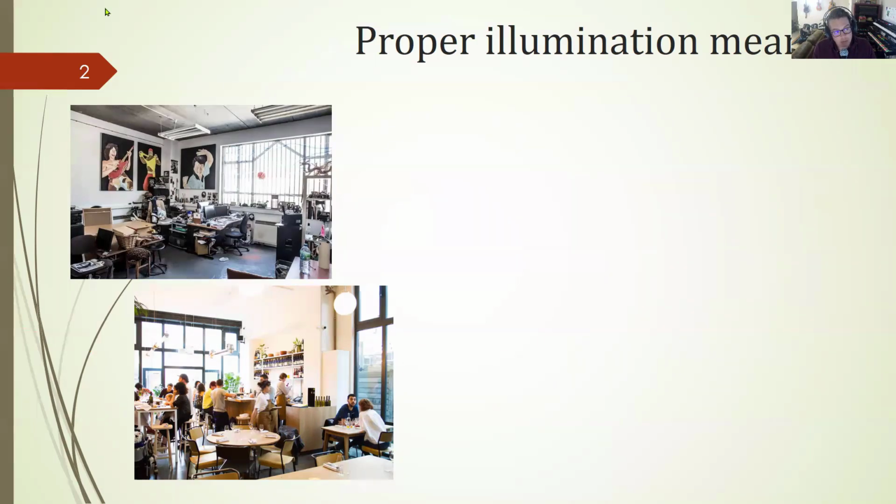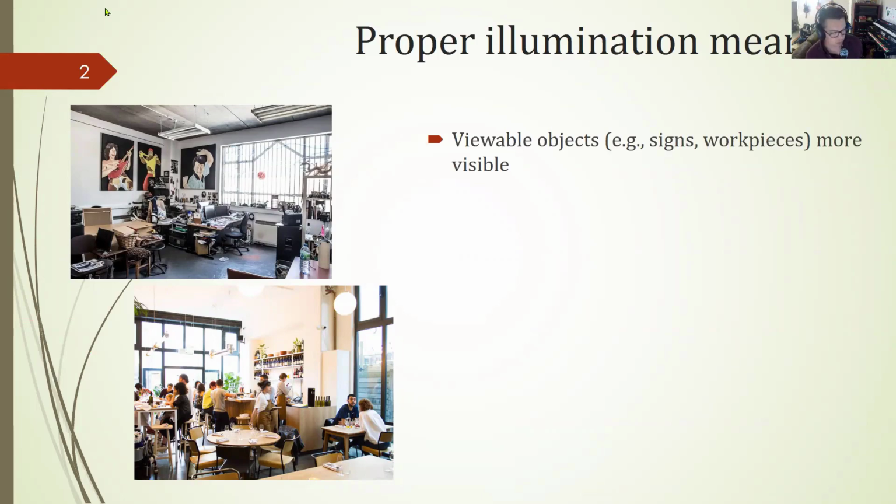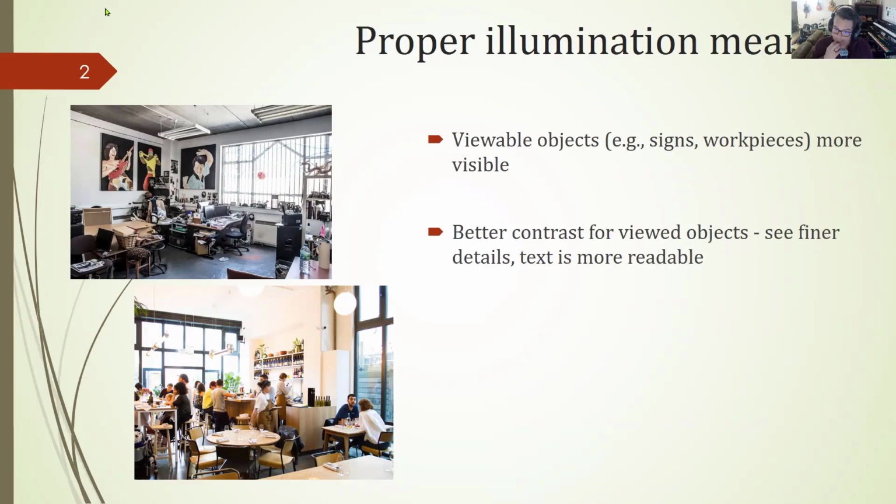That does not always just mean give me more light, though. So it's very particular. If we do have things properly illuminated, then the viewable objects are maximally viewable by human eyes. We have better contrast. We talked about how contrast is an important feature for vision, and being able to see the differences in the lights and the darks, the foregrounds and the backgrounds.